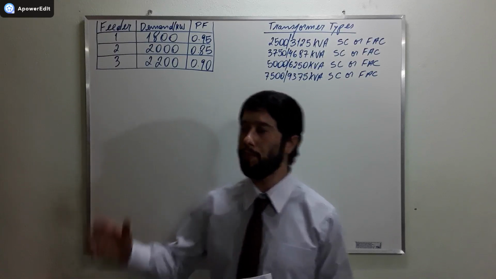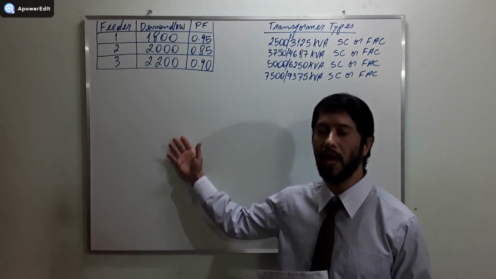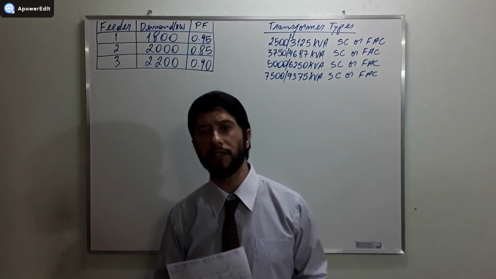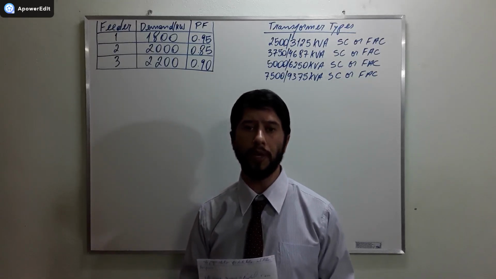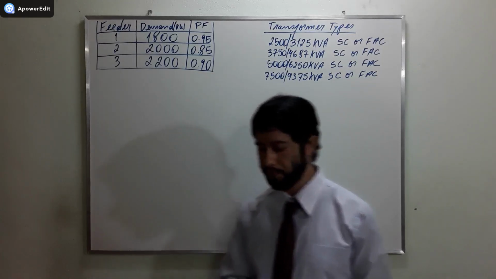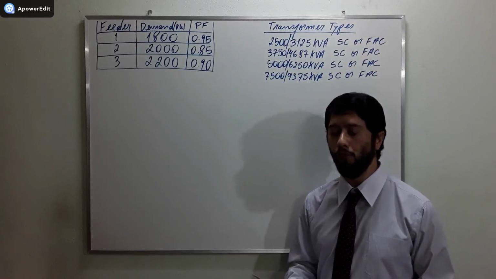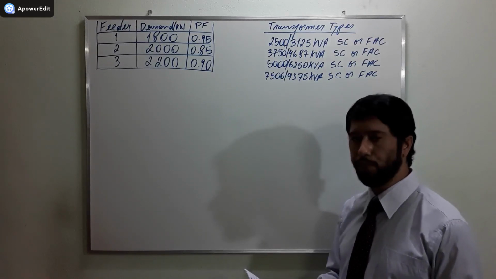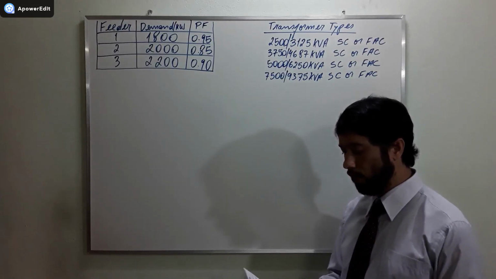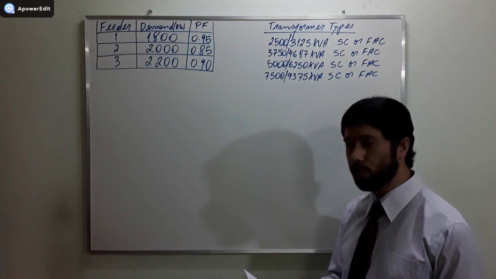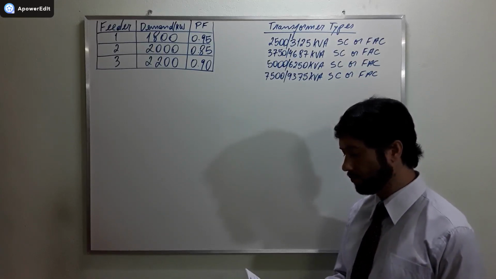And to do so, I brought this exercise. I left the statement of the exercise in the description of the video. Let me read the problem. Assume that one distribution transformer of a substation supplies 3 primary feeders.